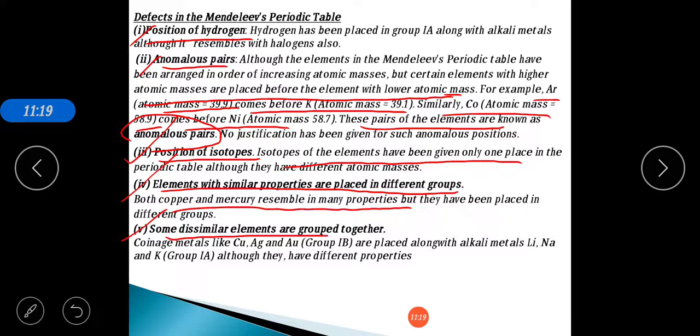Some dissimilar elements are grouped together. Coinage metals like copper, silver, gold, group 1B, are placed along with the alkali metals lithium, sodium, potassium, group 1A, although they have different properties.